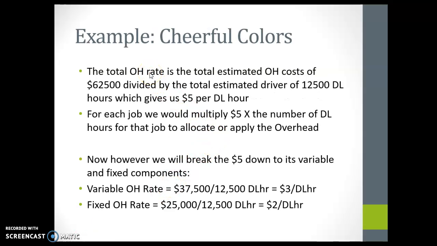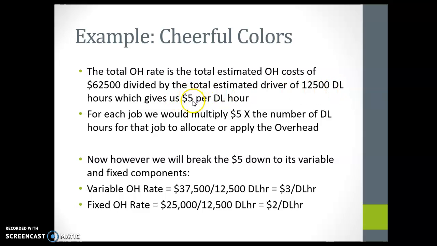Okay, so for Cheerful Colors, they have total estimated overhead costs of $62,500, and they expect to use 12,500 direct labor hours next year. So we take the $62,500 expected costs divided by the 12,500 expected direct labor hours.